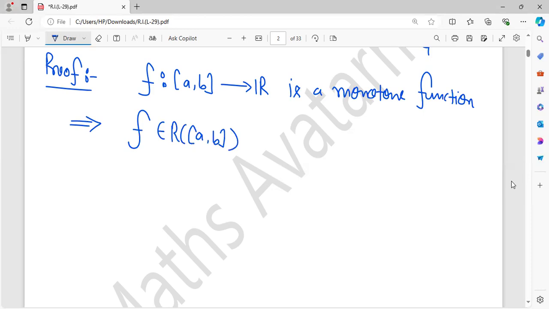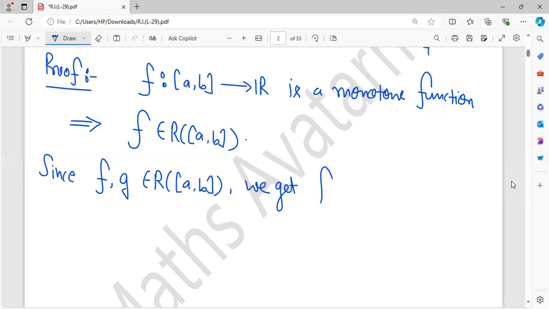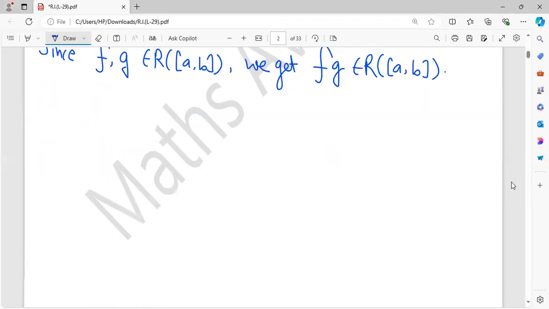Okay. Now, since f and g both belong to R[a, b], we get their product fg also belongs to R[a, b]. That is also true. That is why we can talk about integration of fg.